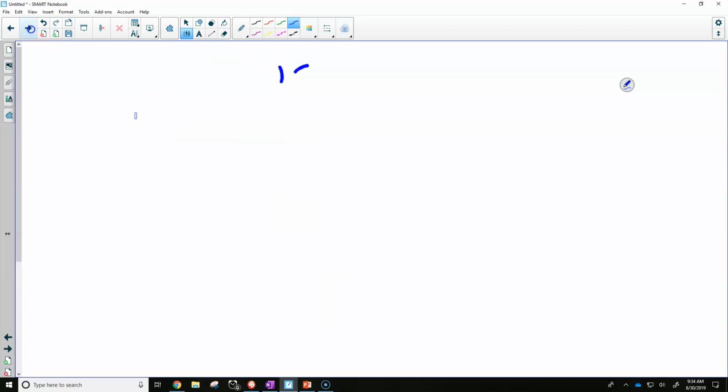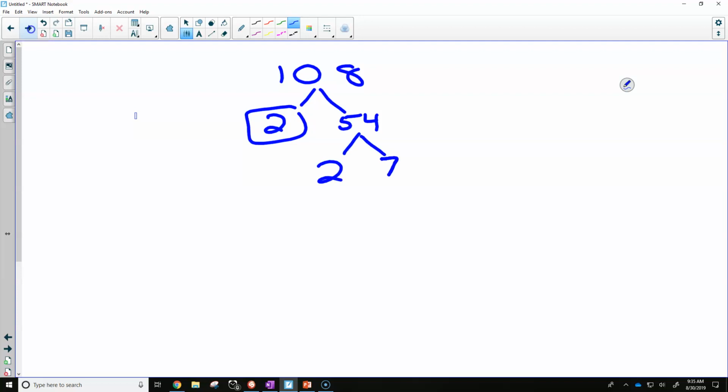And I'm simply going to do it this way. I'm going to go, okay, 108. Okay, I'm not good with division or multiplication, but it's even. So 108 divided by 2. Okay, that's 54. 2 and 54. There's my prime number. Okay, 54 divided by 2. Okay, that's 27.